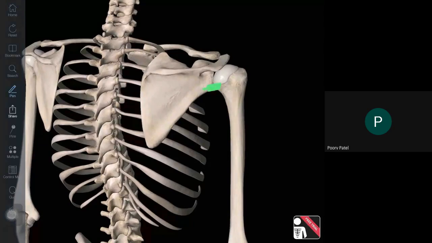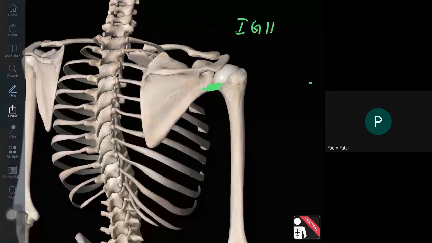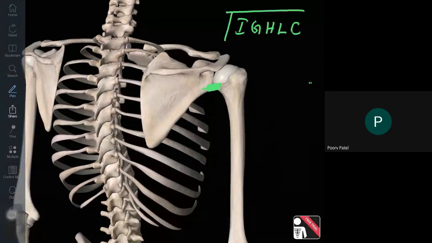Clear? So anterior, inferior, and posterior together are called the inferior glenohumeral ligament complex. Are you clear?